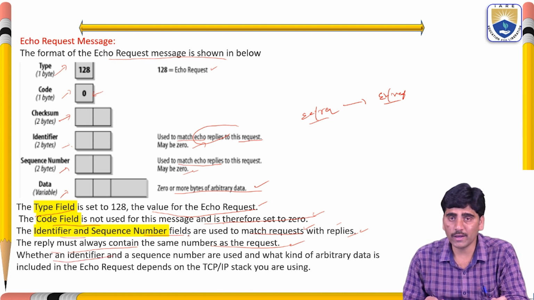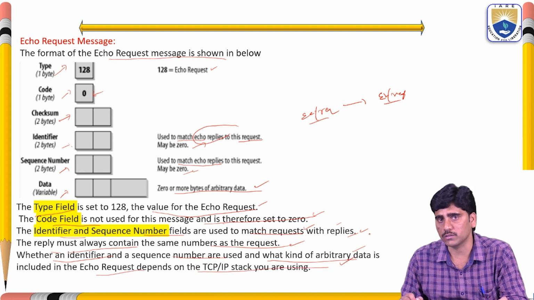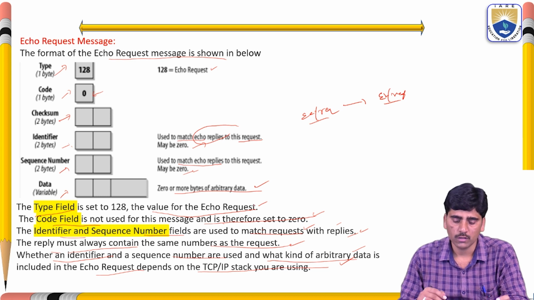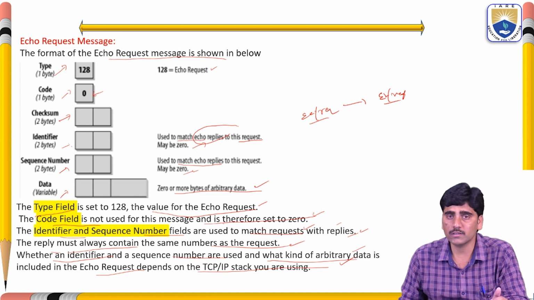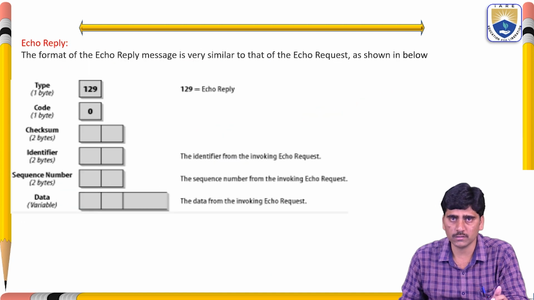Whether an identifier and a sequence number are used and what kind of arbitrary data is included in the echo request depends upon the TCP/IP stack you are using. So all these fields are for identifying the data within the size of the data. That is the echo request message.